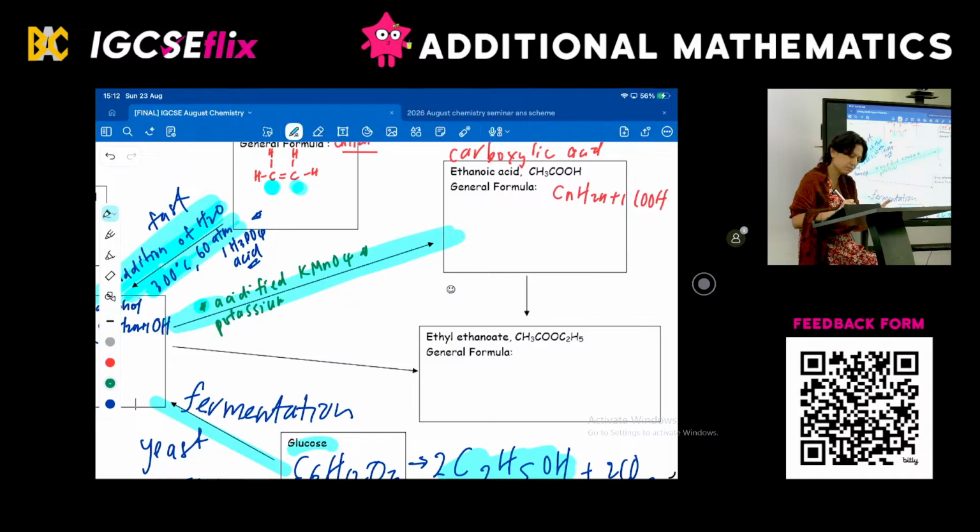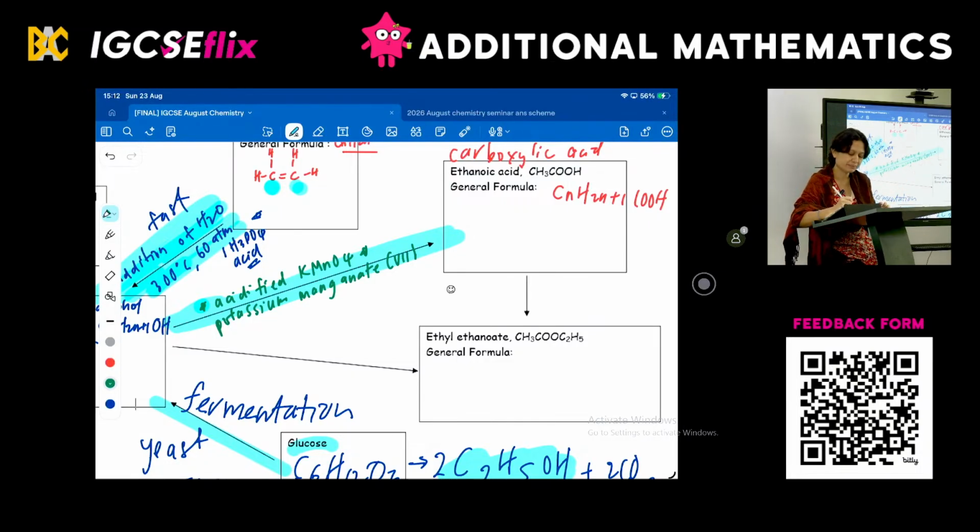Potassium manganate 7. Every year they come out the same question. Bromine and potassium manganate 7. Why? Because both got color. Instead of writing potassium manganate 7, if you write potassium manganate, you get no marks. No marks. Okay? Can you just add the potassium manganate and then tada, it will react?